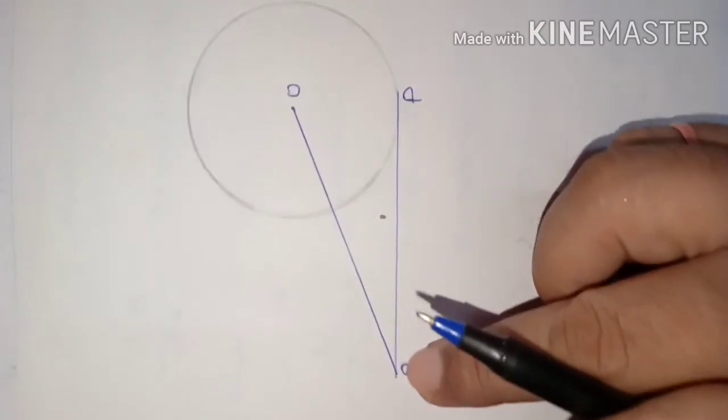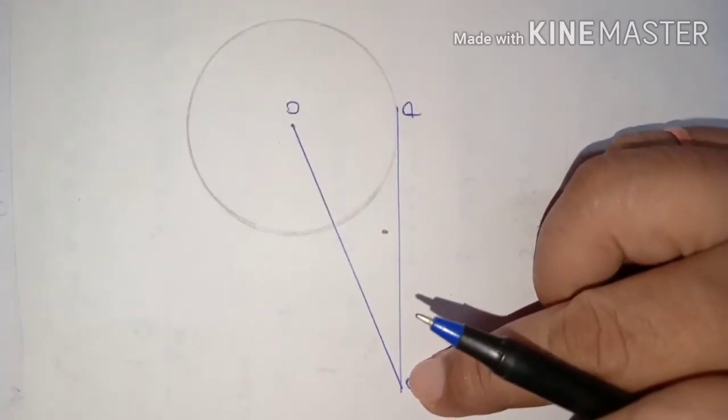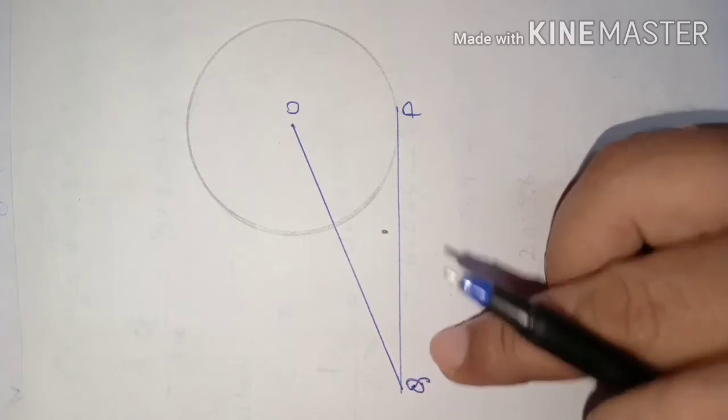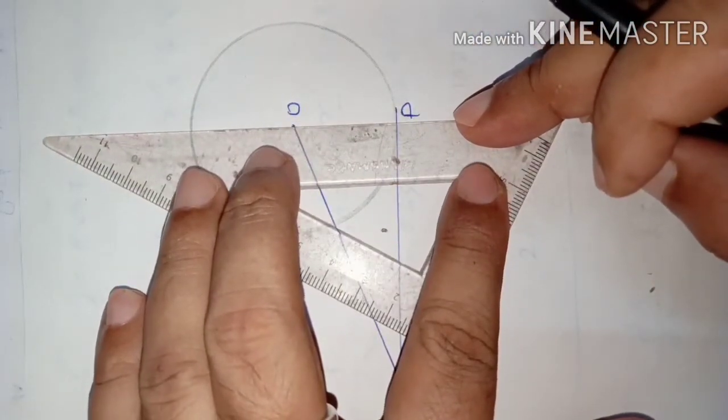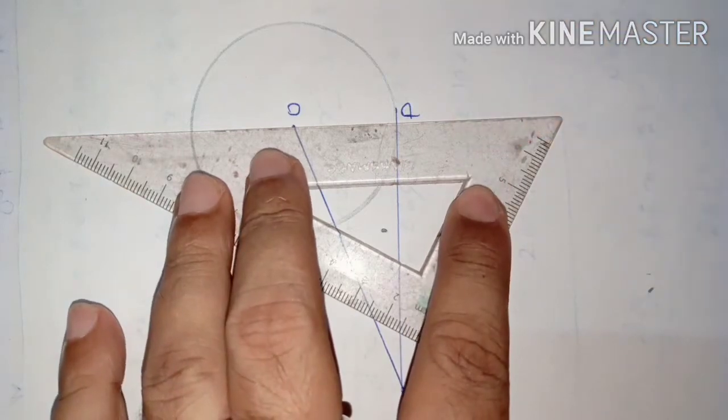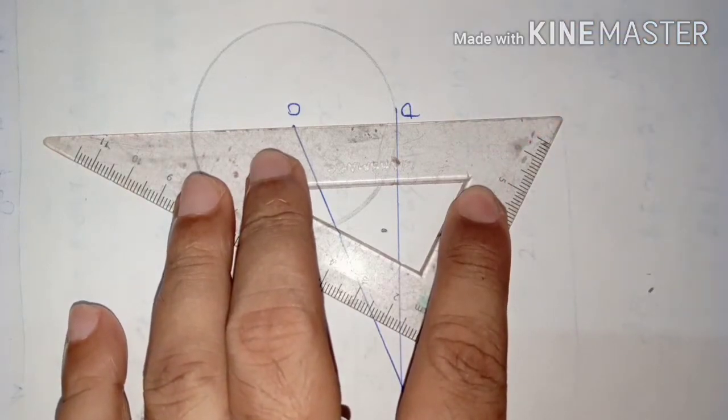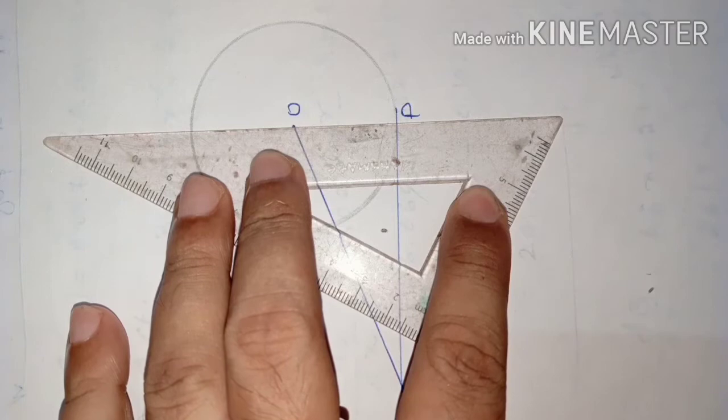Now the question is, what is the length of this PQ if the radius of the circle is 5 cm? Radius is 5, and what is the length of the tangent?